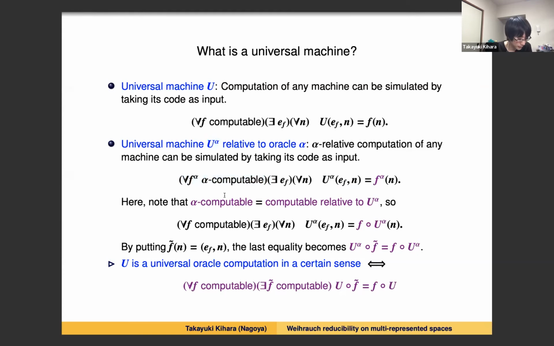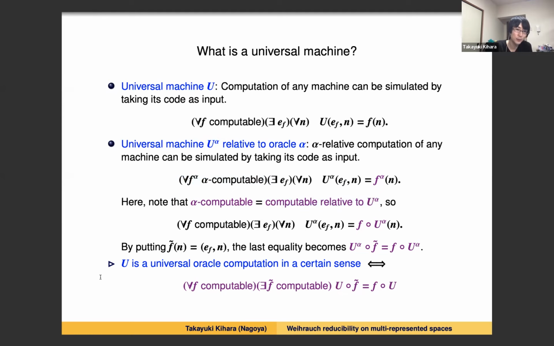Okay, so here alpha-relative computability can be replaced by U alpha-relative computability, because an alpha-relative Turing machine is also alpha computable.